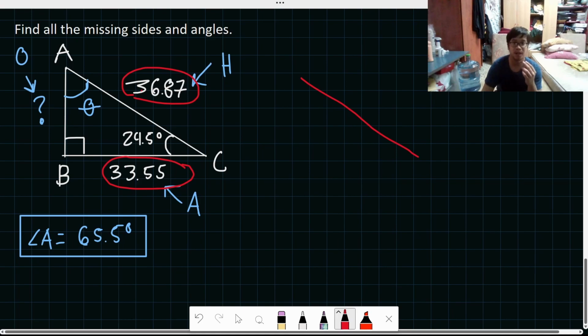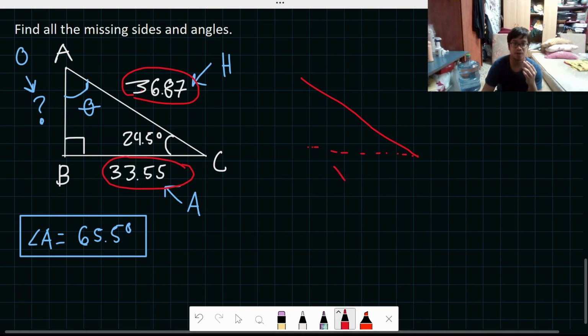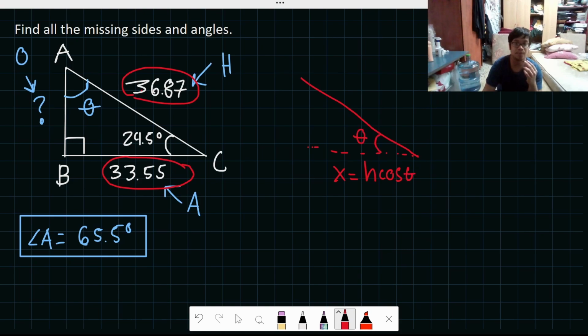And remember that in a diagonal line, and you're looking for its horizontal component, all you need to do is multiply the hypotenuse by cosine theta, where the theta given is on the bottom, right?